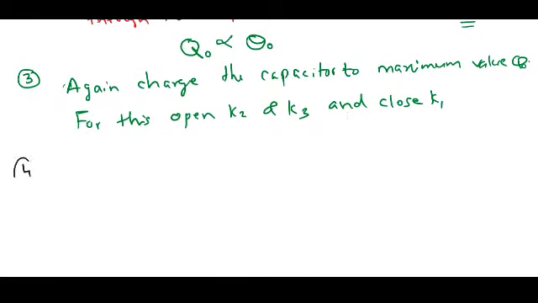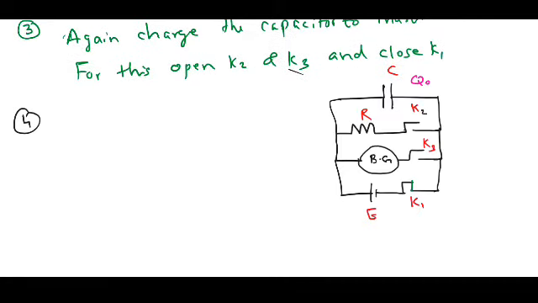Fine. Next, what will we do? In the third step, the capacitor was fully charged because K1 was closed. Now we have to discharge this capacitor through this resistor. For this, we have to open the key K1, and close the key K2. Then key K3 is kept open.